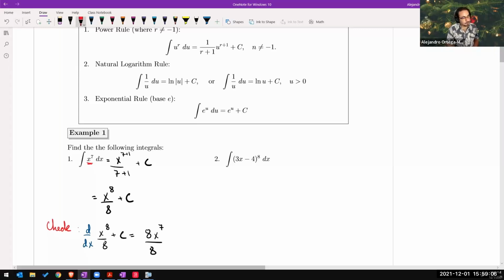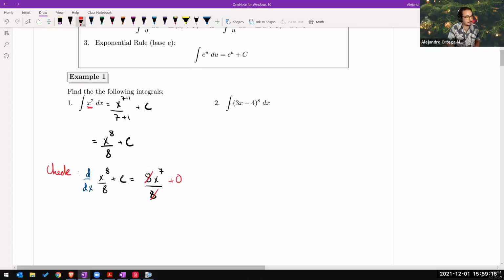So you see that we indeed get the x to the 7, and the derivative of c was 0. So yes, we do get the x to the 7th. Checks out.